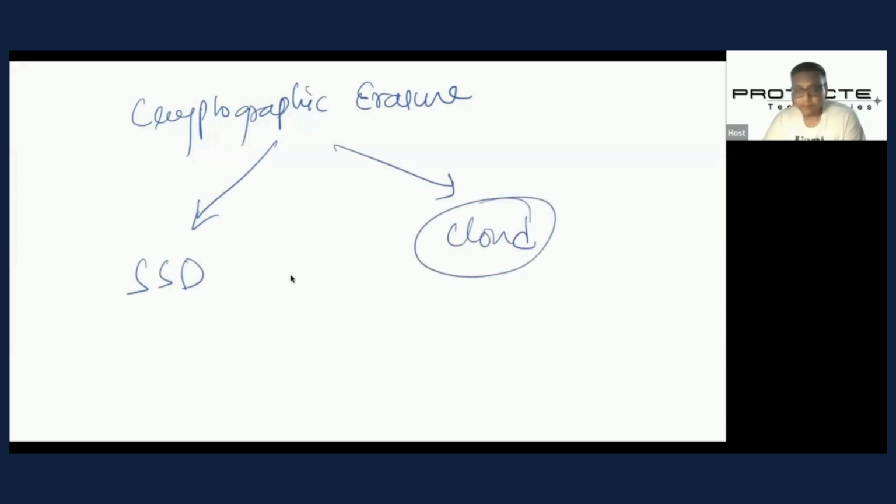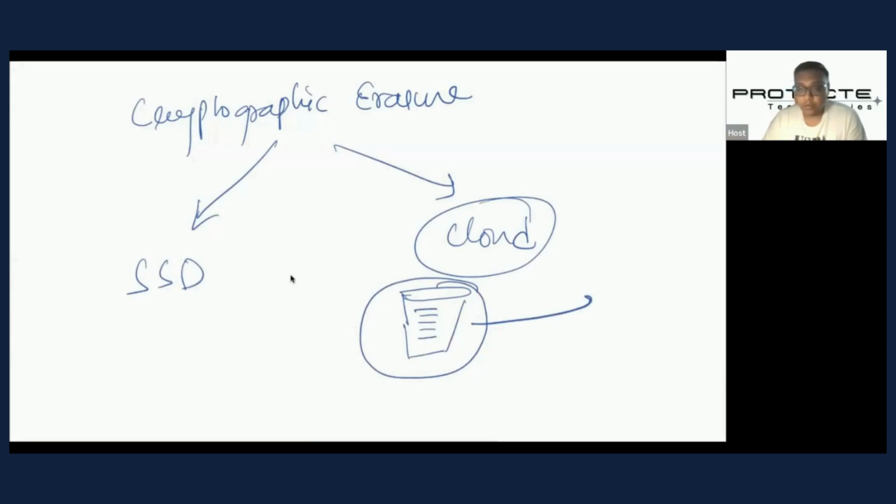And finally, there is cryptographic erasure, which I told you already. I will just explain it once again. Cryptographic erasure is a good strategy to erase data from solid state devices and in the cloud. How you store data in the cloud is you get buckets. Buckets are nothing but storage space allocated to you. Once you've written data over here, if you do not erase it, because the cloud is a shared resource, tomorrow this disk space might get allotted to someone else and they might be able to retrieve data from there.